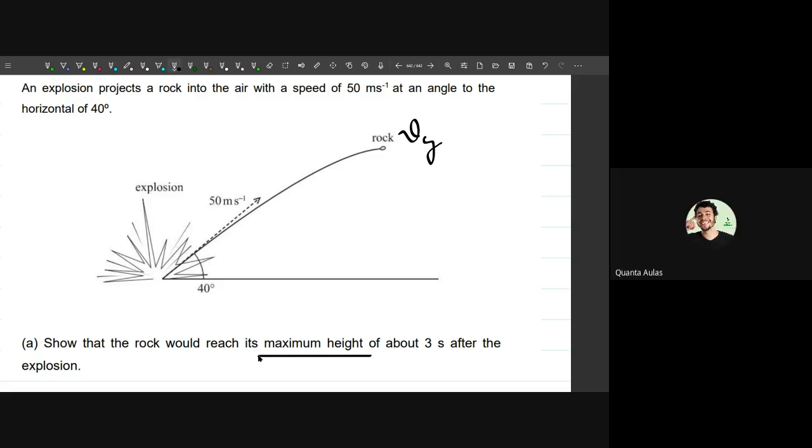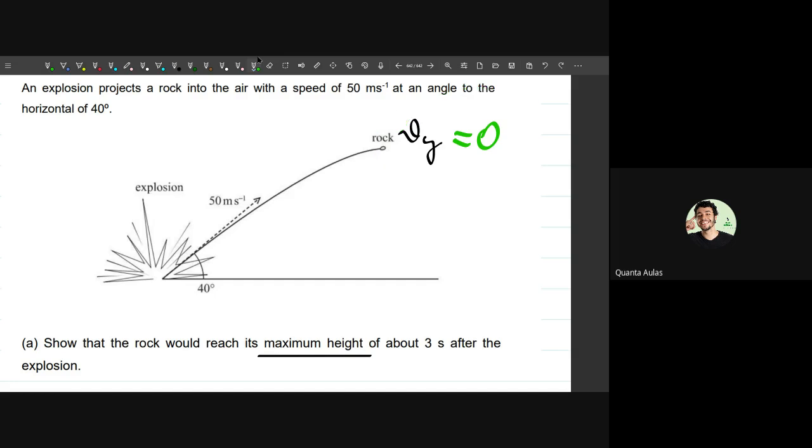Because if we have some velocity upward, our arc will go more up to the sky, right? So now we don't have this, and we can input this information in our equation, right?